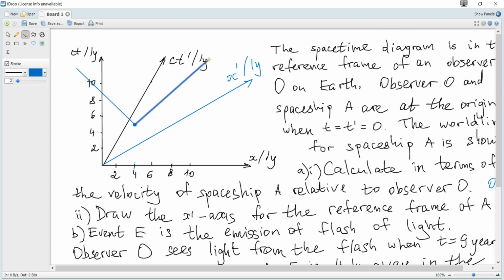and in this direction also at 45 degrees. Why 5? You can see that the scale is the same on x and ct, so you can see 4 units here, 9 minus 5 is 4, so you get an isosceles right-angle triangle, so this angle is 45 degrees as required, and it's also 45.